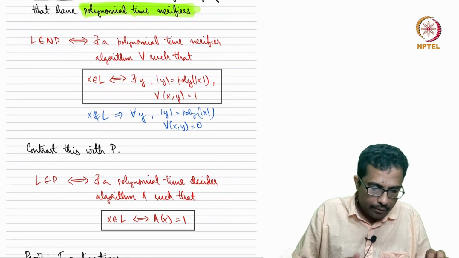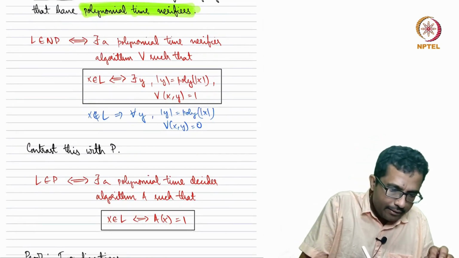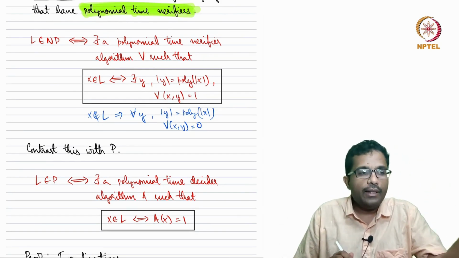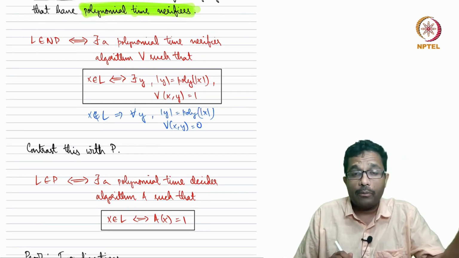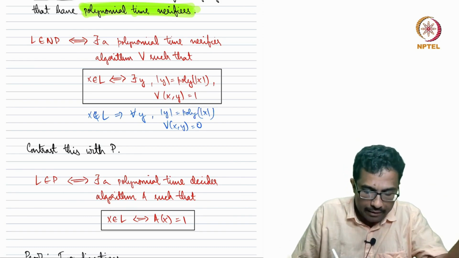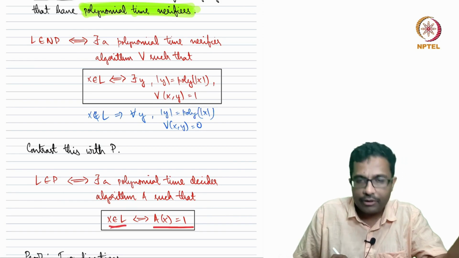And one easy exercise is to compare with the definition of P. P is the class of all languages that have polynomial time deterministic algorithms, right? So if L is in P, then there is a polynomial time decider algorithm A such that whenever x is in the language, A(x) should be equal to 1.